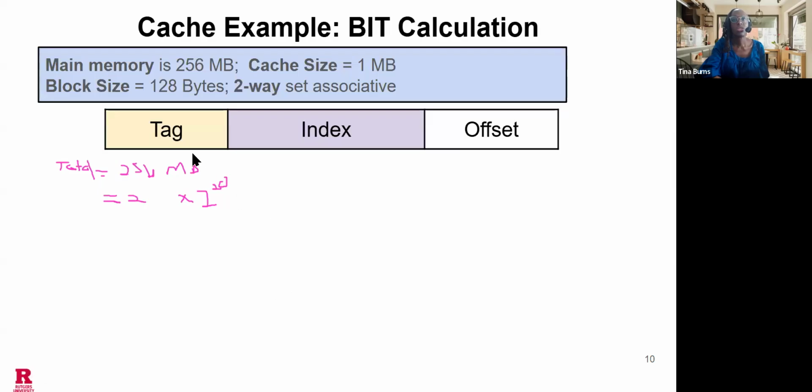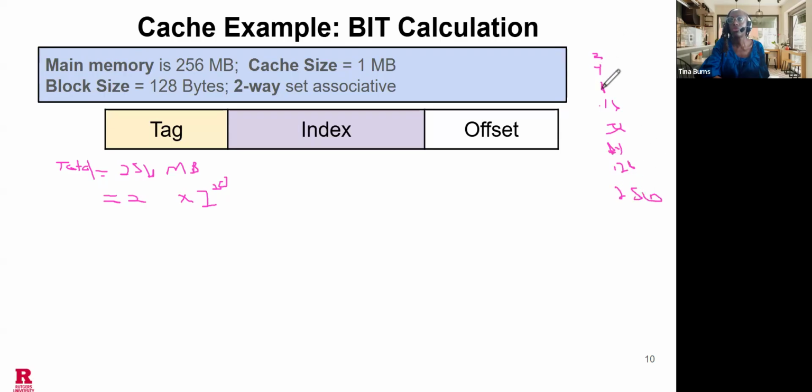All right, so as we look at this, we have 256 megabytes for our main memory. I know that 2 to the 5th is 32. So I'm just going to go down here: 2, 4, 8, 16, 32, 64, 128, 256.